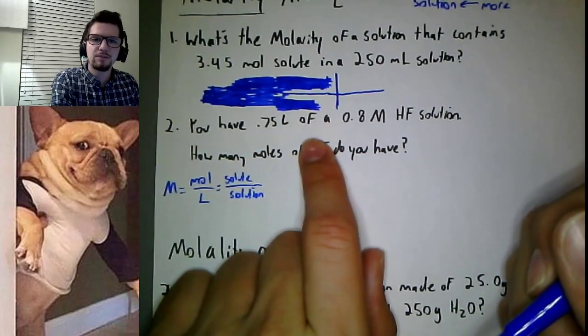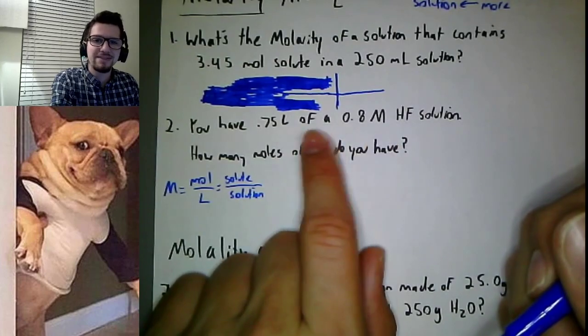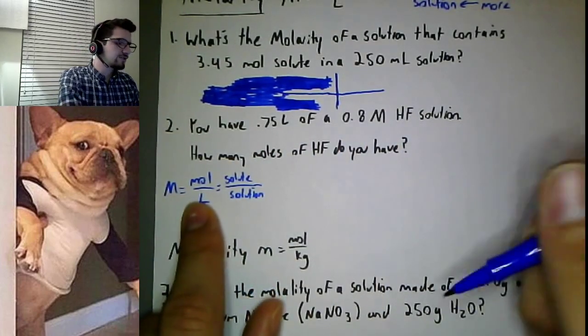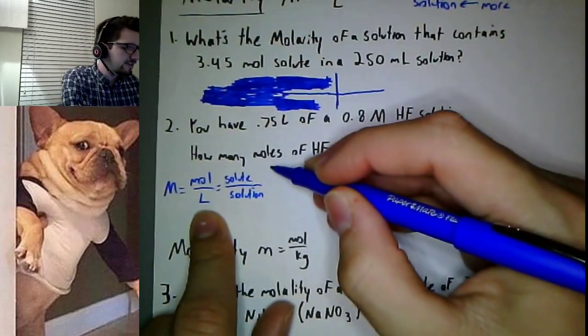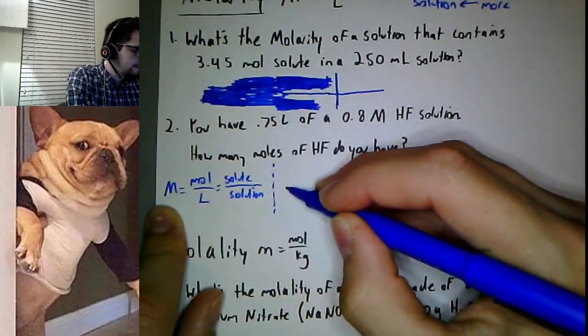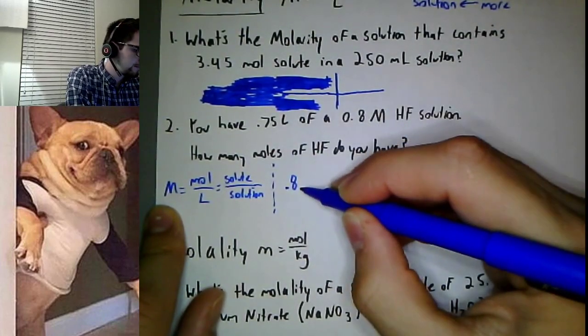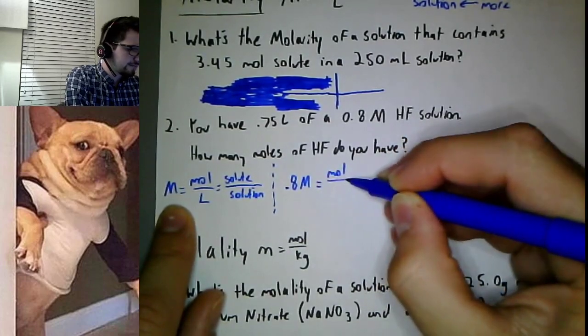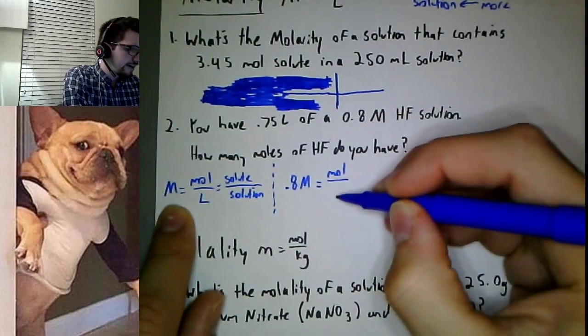Do I have any moles right now? That's capital M and that's liters. I don't have moles, but I do have my M and I do have my L. So just like in math, I'm going to just plug these numbers in. So my M is 0.8 equals moles, which I don't have, over liters, which I do have.